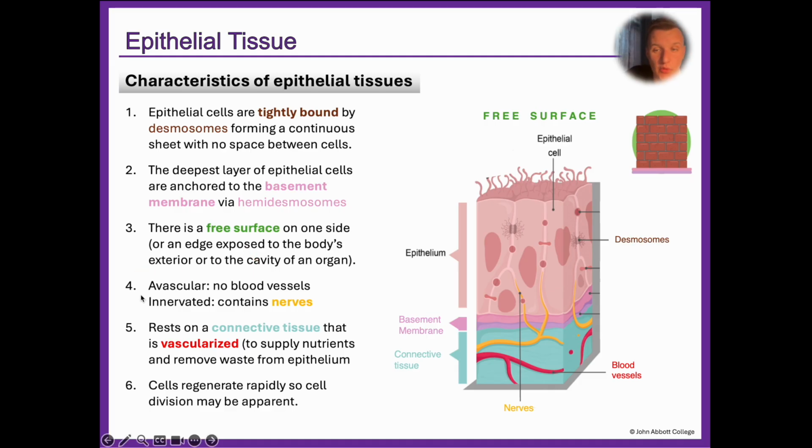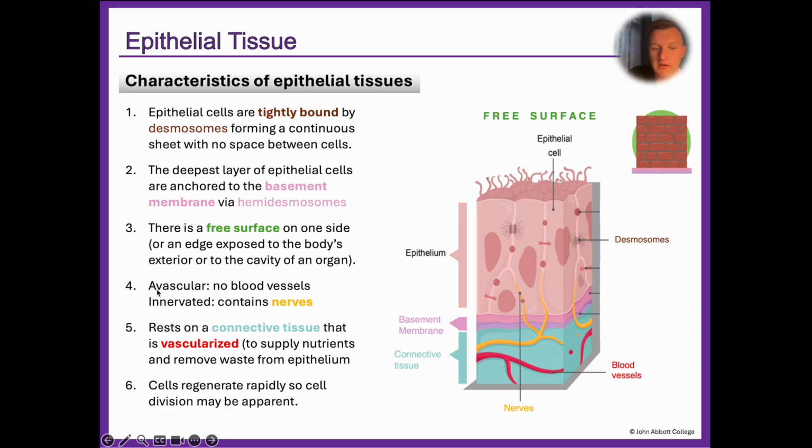So next point is that all epithelium are avascular, right? What does it mean to be avascular? In biology, if ever you see an A in front of a word, it means not. For example, asexual means not sexual, right? Avascular means not vascular.